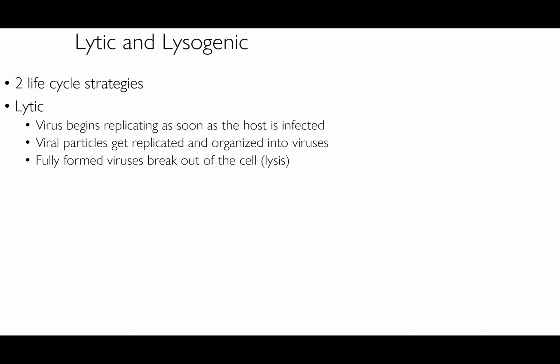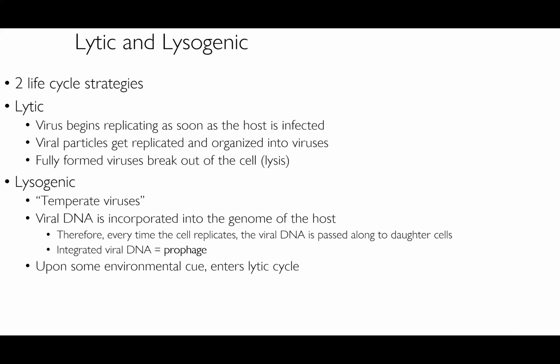And so there are two distinct life strategies of viruses, both the lytic and lysogenic cycle. They are very distinct, but they are intertwined with one another. Essentially, the lytic cycle is when the virus begins replicating. As soon as it infects the host, the viral particles get replicated, organized into new viruses, and fully formed viruses break out of the cells via a process called lysis.